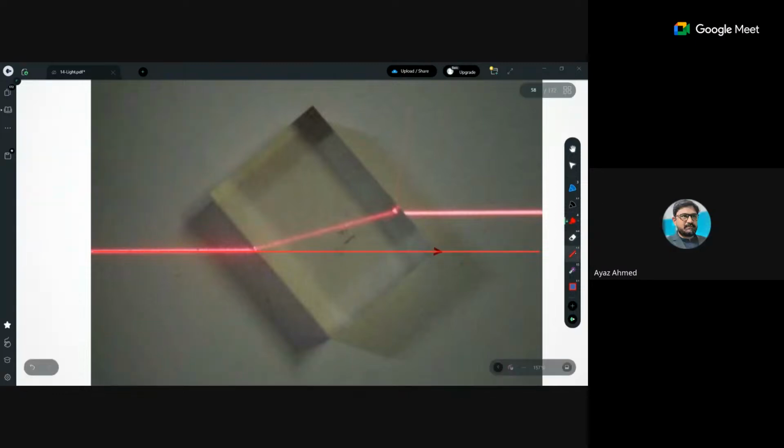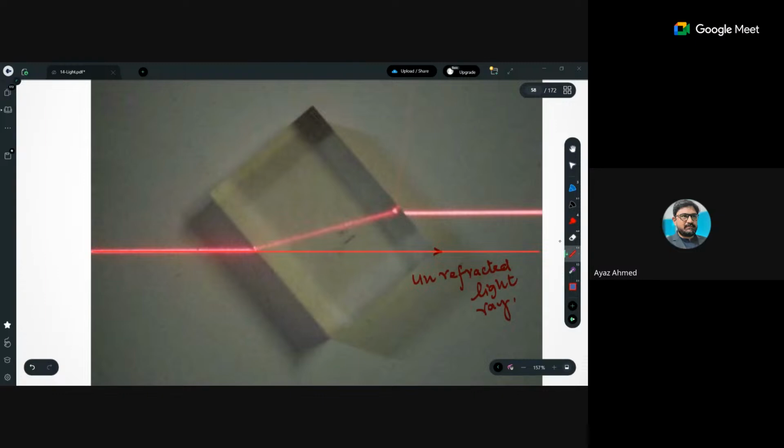This is your unbent, unrefracted light, and this is the refracted light ray. Am I right?